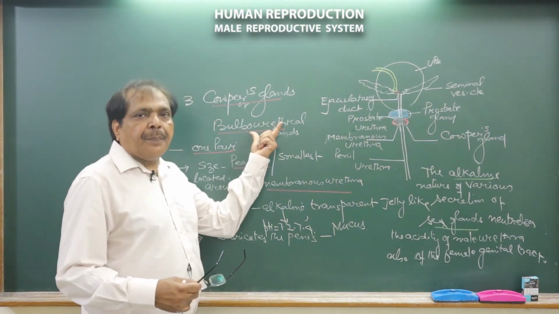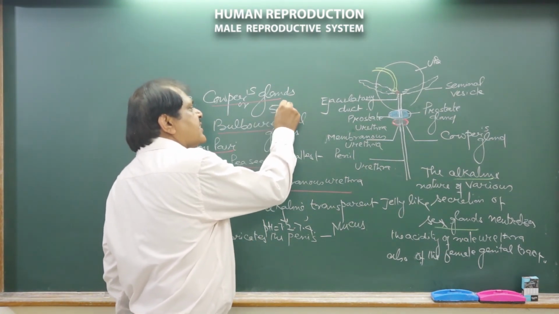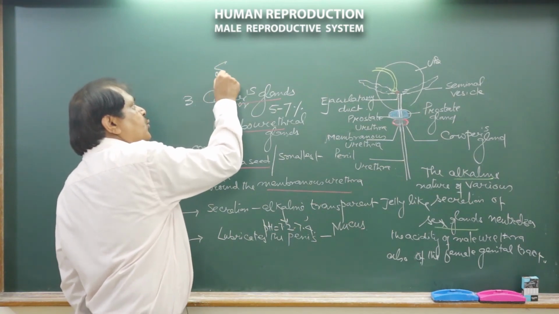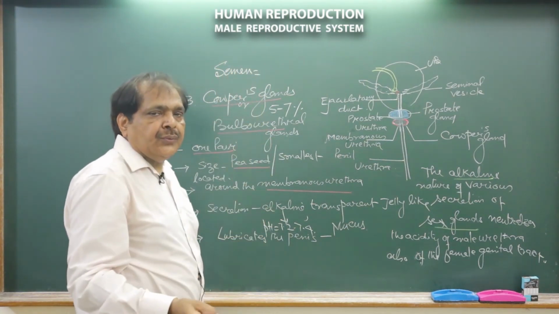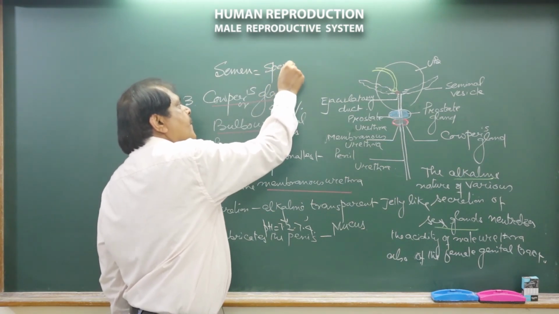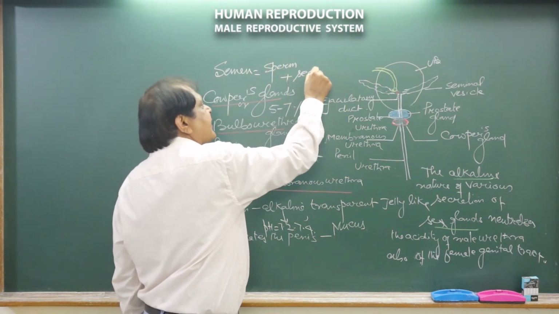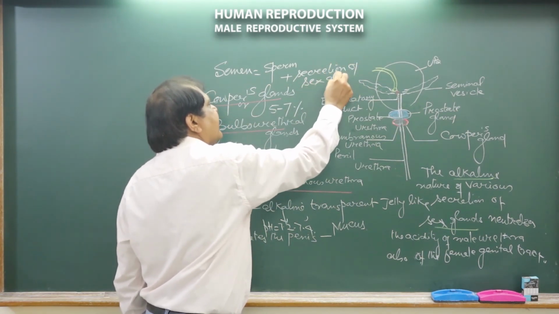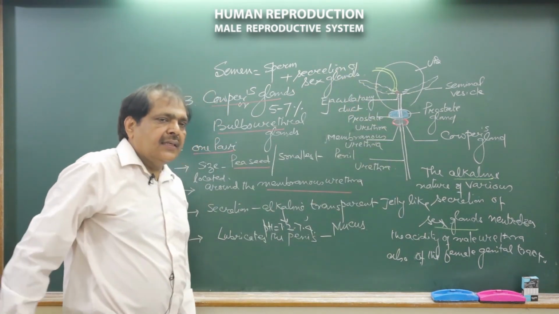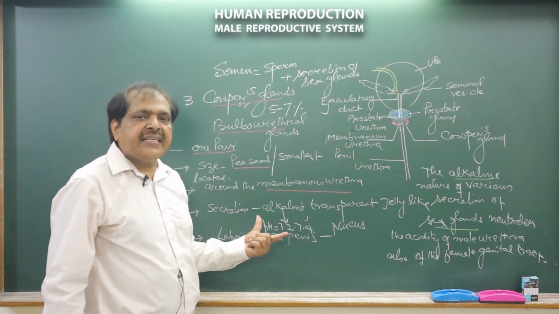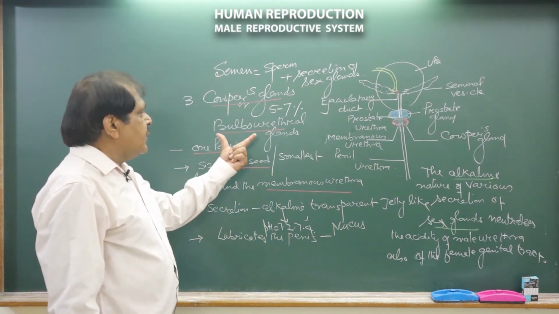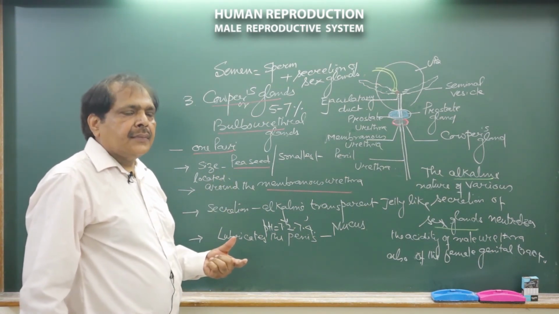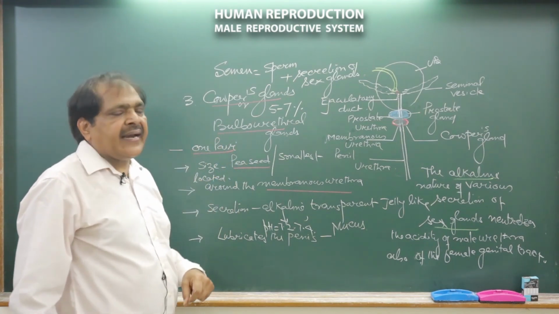The secretions of the Cooper's glands form only 5 to 7% of the total semen. It means semen is equal to sperms plus secretions of the sex glands of all the three glands. 60 to 70% is of the seminal vesicle secretions, and 25 to 30% that of the prostate gland, and 5 to 7% of the Cooper's gland.